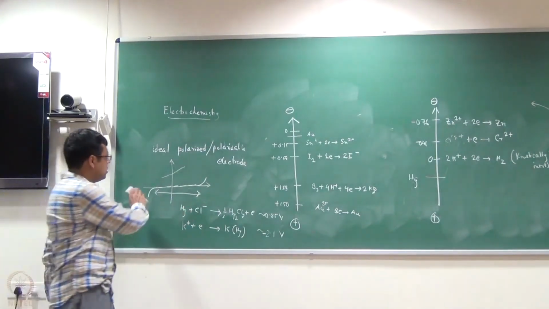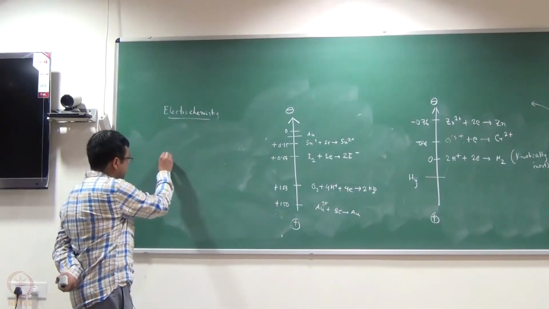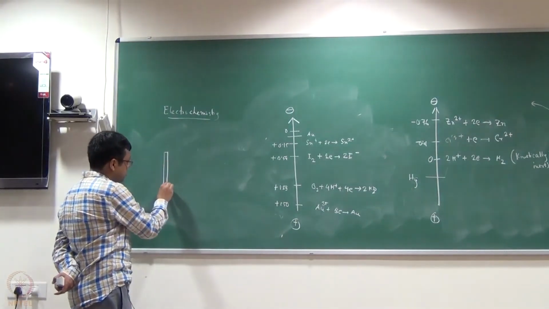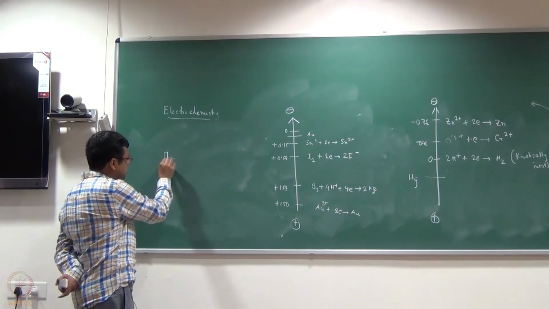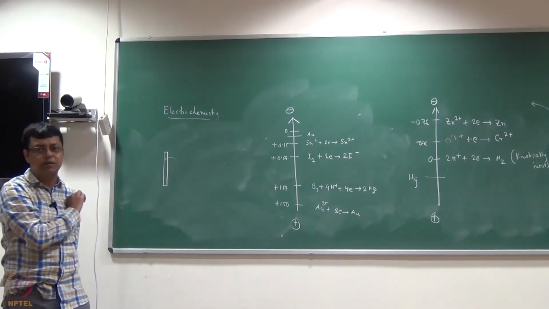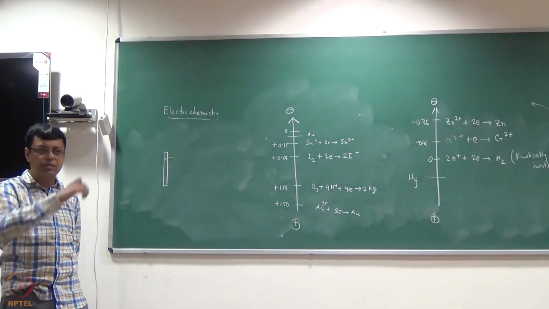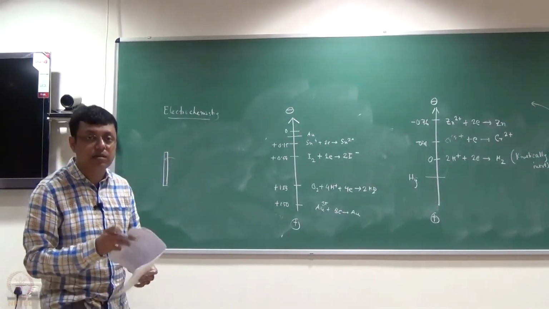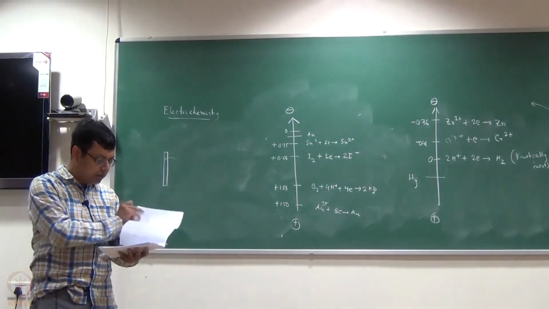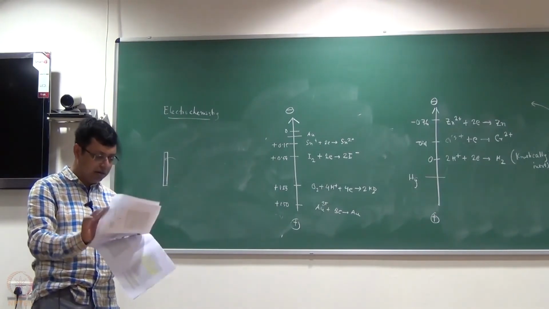There is a nice sketch, like I have an electrode here, and it's not like the simple thing which I was writing, like the ion is coming and then the electron is getting transferred. First it has to come, it has to adsorb, and all these things should happen, right? So at the electrode surface, these processes will happen in a sequential manner.